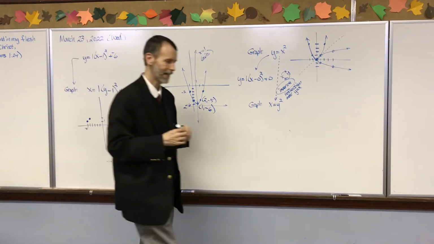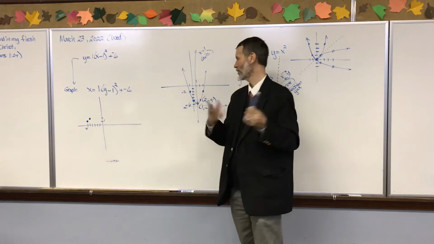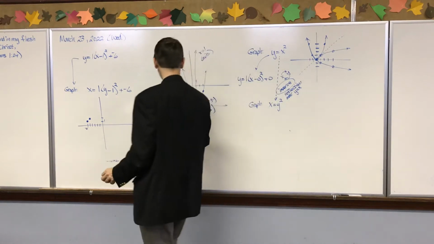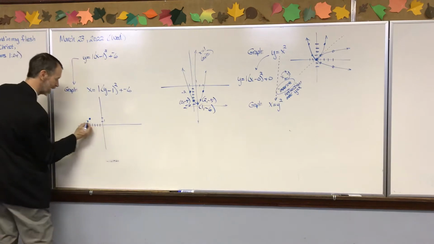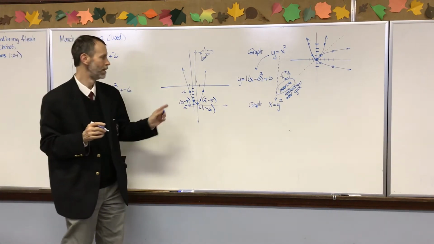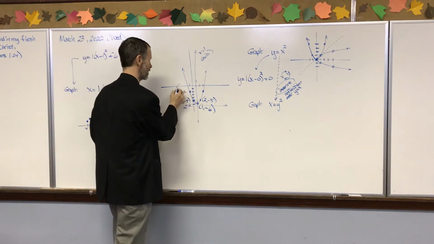Katie, take over. We've got this one and this one. Find the coordinates of another point. 0 comma -5. Where's the new point? -5 comma 0. Find another one. -1, -2.